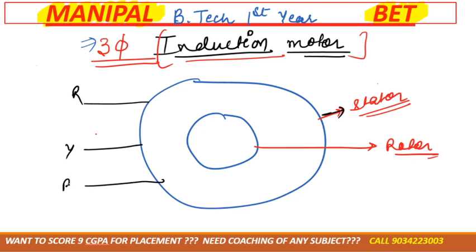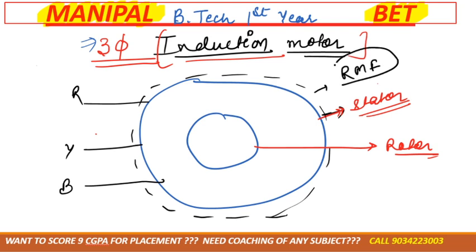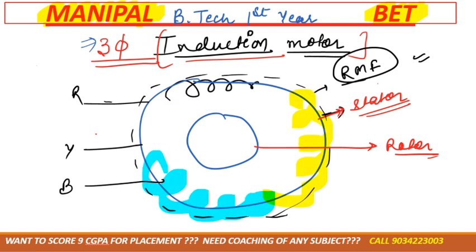So this stator we are connecting to a three-phase supply, and then after that it produces a rotating magnetic field, RMF. See, first there is an R wire, then we have a yellow wire and a blue wire.